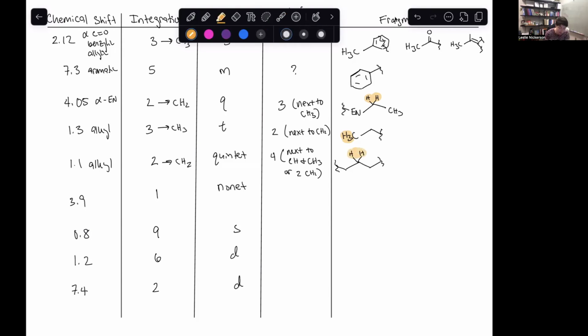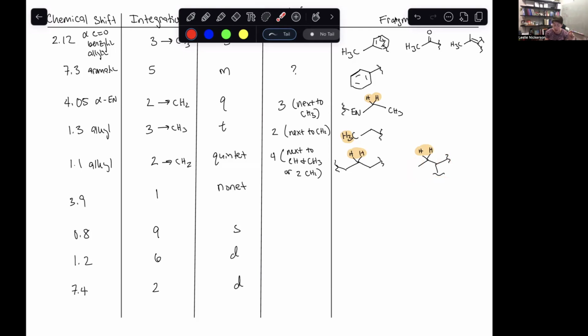Okay, where we have those 2 peaks actually showing us the 1.1 chemical shift peak. And then another option that you could be thinking about here would be something like this fragment, okay, where I've got a CH3 on one side, I've got an H on the other side, and then I've got some connections to something.